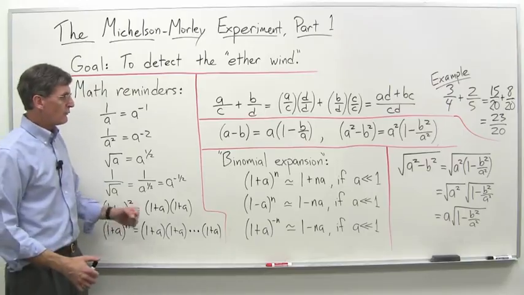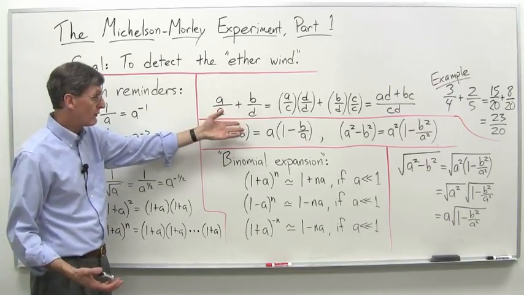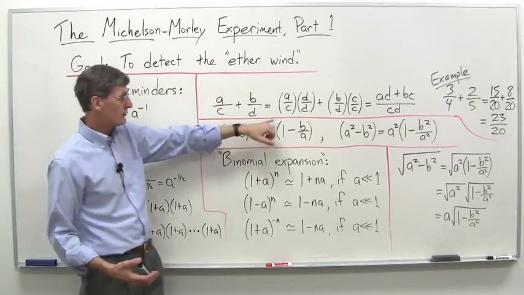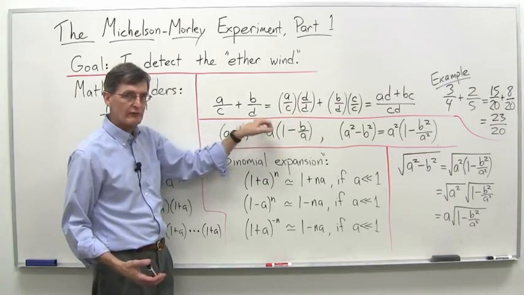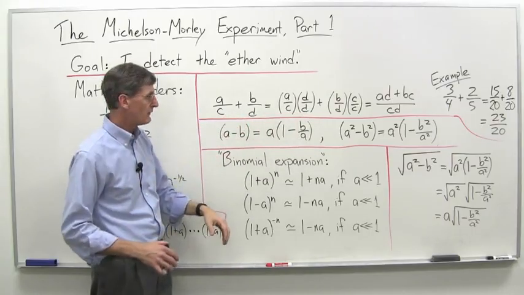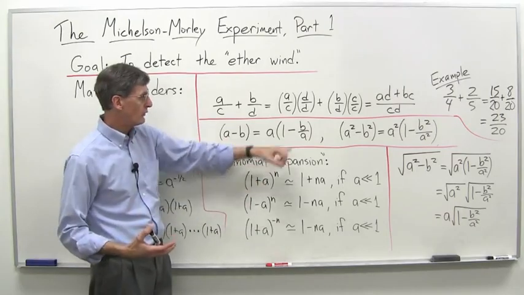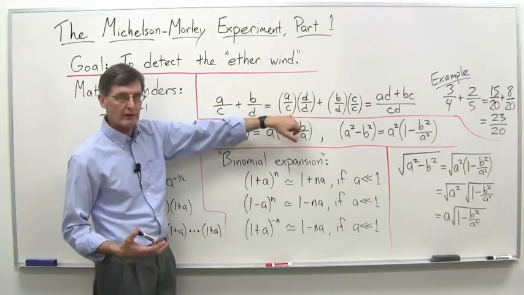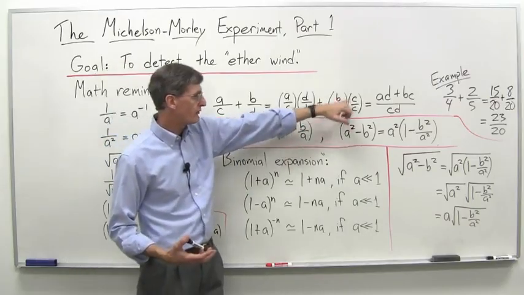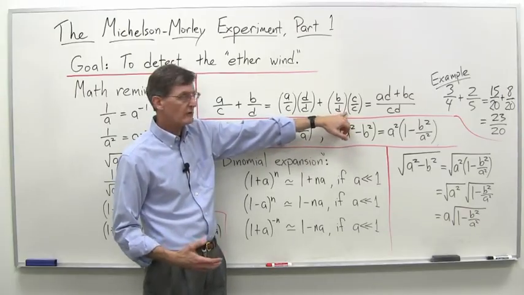When we're adding fractions together, a over c plus b over d, for example, remember how we use the little mathematical trick? We can multiply to get a common denominator here, so we can add the two fractions together into one fraction. We can multiply each term by 1 in the form of d over d in the first term, giving us cd in the denominator on the bottom, and then c over c for the second term, again multiplying by 1, giving us dc or cd on the bottom.